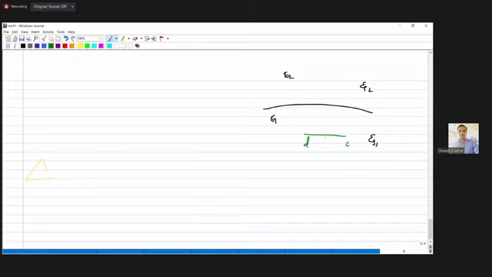This is CD, and its direction is like this. This CD is completely shaded by which medium? Epsilon 1 medium only. So here the role of epsilon 2 is 0 on this conductor CD.